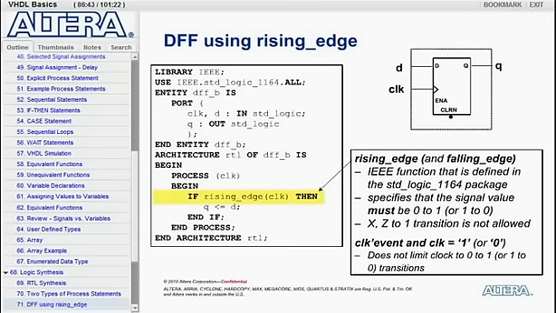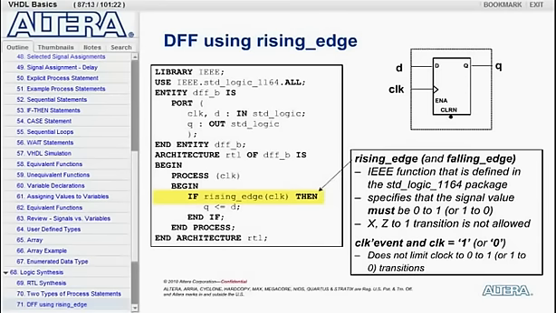Any other type of transition, including X to 1, Z to 1, H, L, none of those would satisfy this function. The rising edge and falling edge must be 0 to 1 or 1 to 0 transitions. These functions are included in the standard logic 1164 package, so no other package needs to be declared. Because you're using standard logic, you already have access to them.